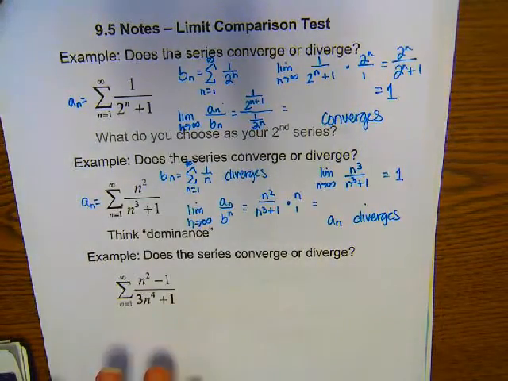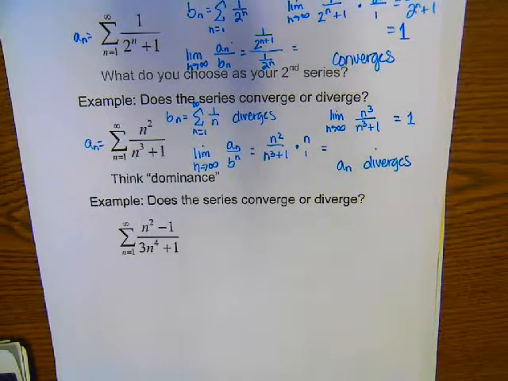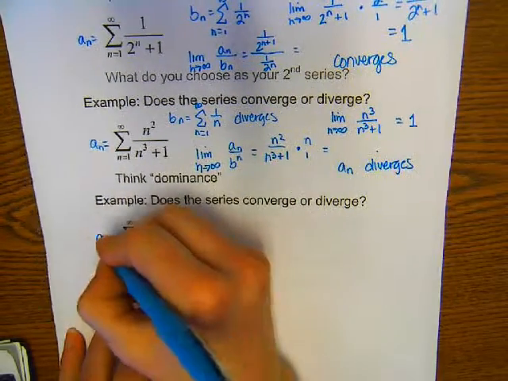Okay, yikes, I'm not so sure about this one, but let's try it. So I'm going to take a look and I am going to compare it to something a little simpler.